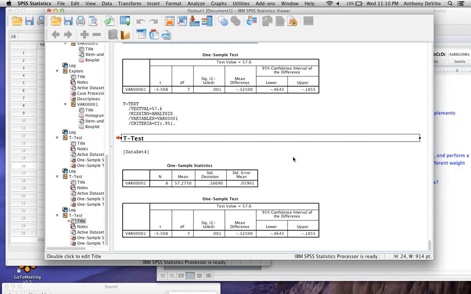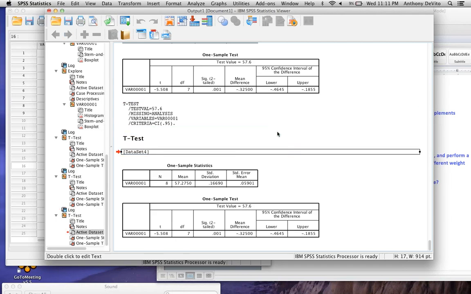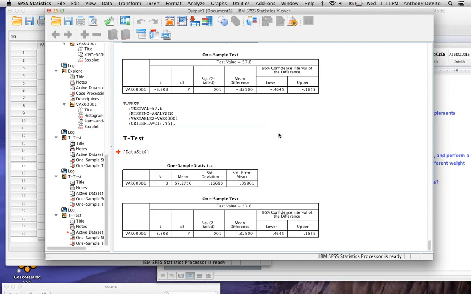But remember, depending on what our level of confidence might be, if we change it to 90% or 99%, that range could change. And if we have a different sample size, it could dramatically change that range. So the same analysis might come out with a different conclusion if we had a larger sample or we were willing to accept a different level of confidence.